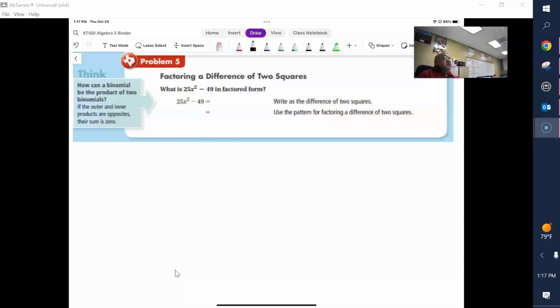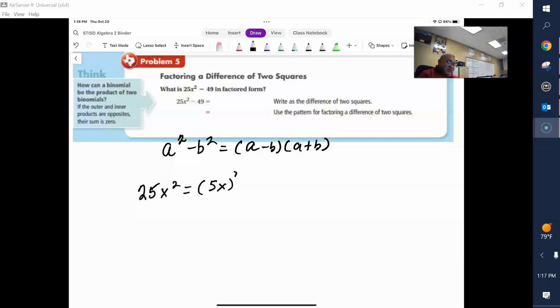The way I've taught difference of squares, a difference of two squares, is just sharing with the students the formula. A squared minus b squared equals, in this case it's going to be a minus b times a plus b. So for example, we have 25x squared, and we know that's a perfect square because it's going to be 5x, and it's going to raise to the second power.